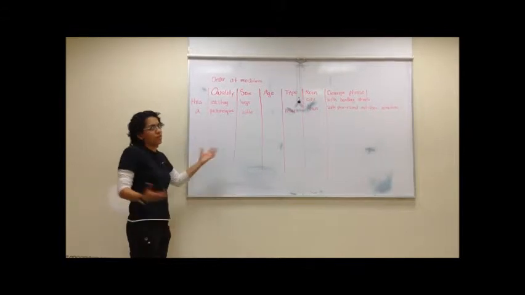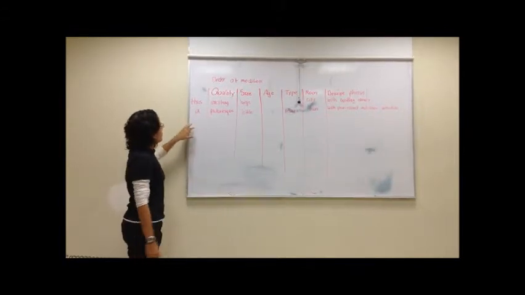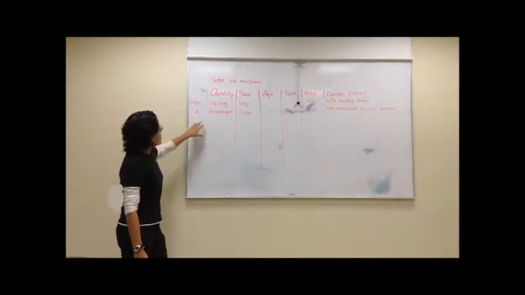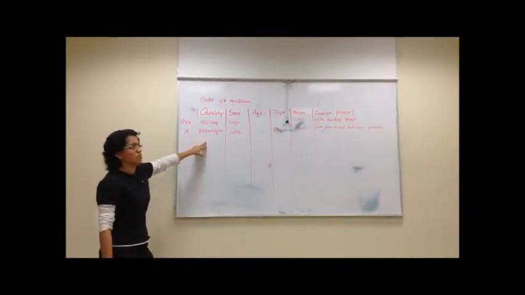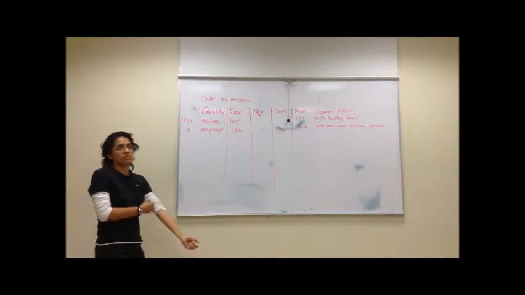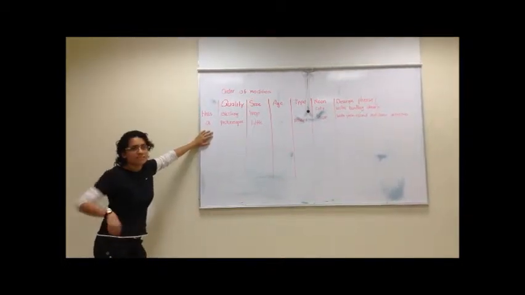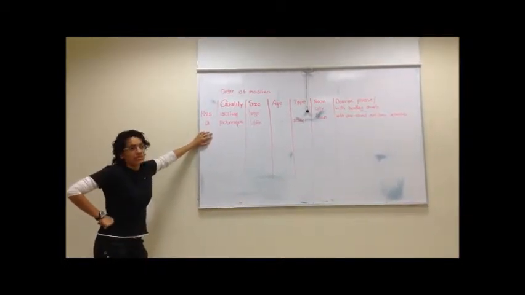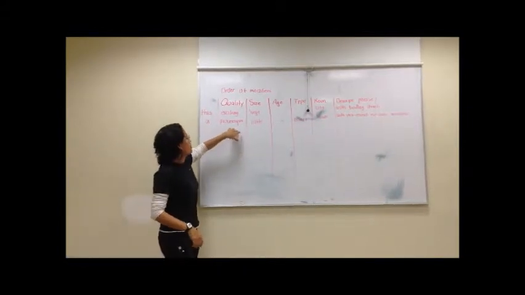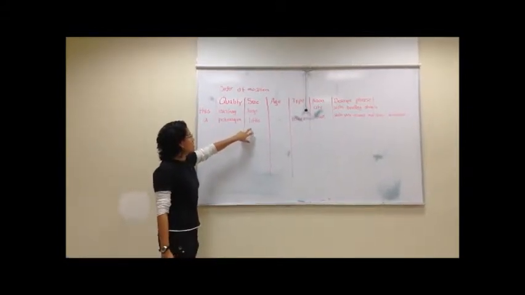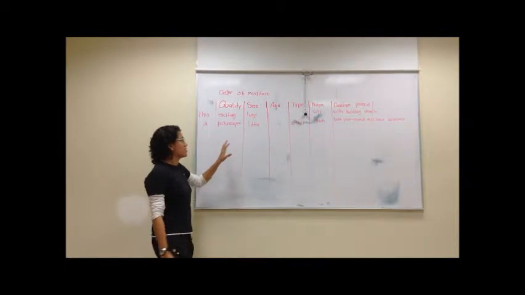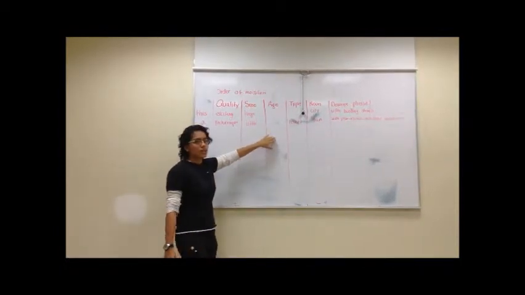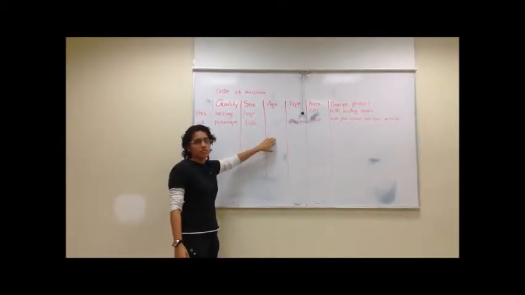The first is quality: exciting, picturesque, or modern, one of the characteristics of the city or the town. And after is size. It's large, middle, but not big. You can decide this. And age only applies in towns.